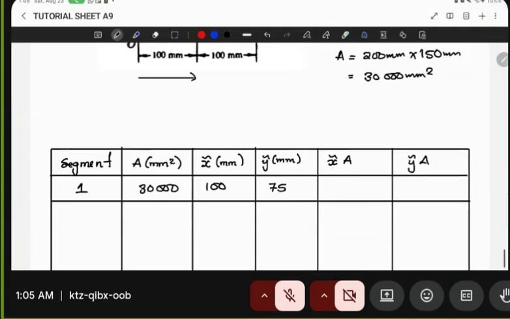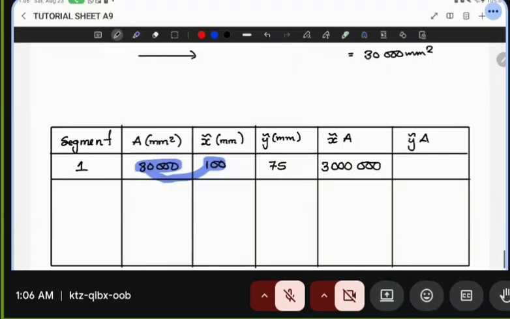So we can even get the products in advance. First we have 30,000 multiplying 100. What are we getting? So, 3 million, right?